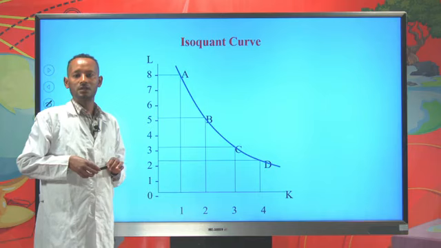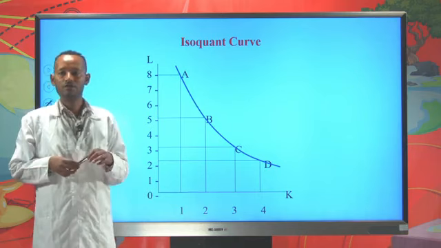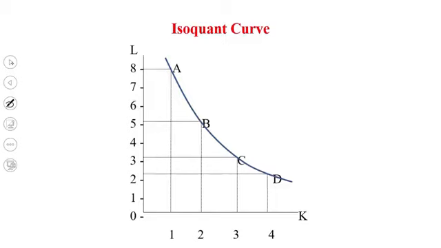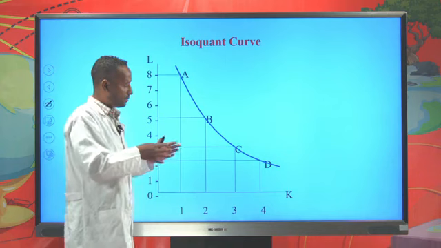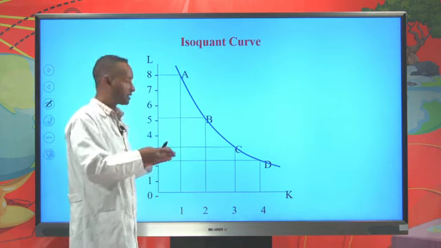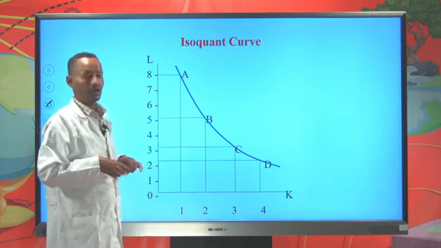The isoquant curve shows the graphical representation of the isoquant schedule. It represents the amount of the variable input labor that is given up on the y-axis and the amount of the variable input capital that is gained on the x-axis.